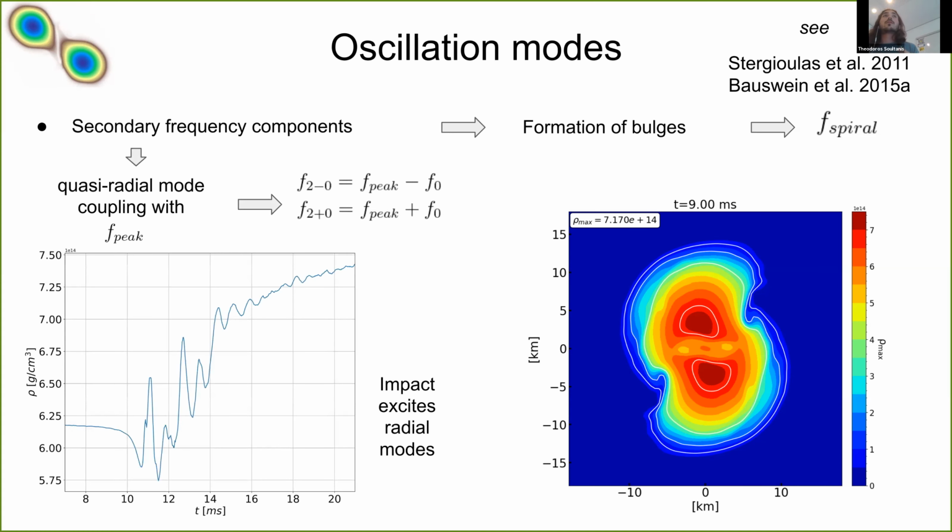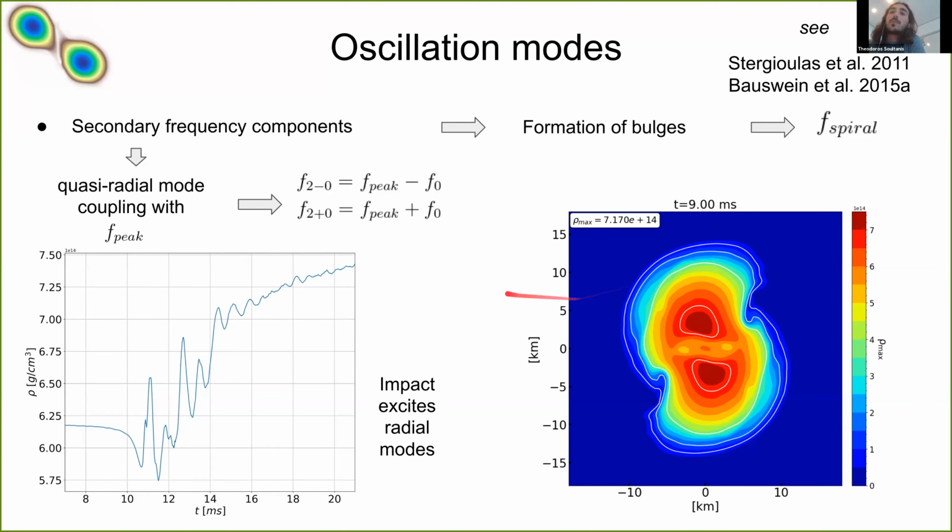Another secondary component is related to the fact that the remnant also oscillates radially. This is because when the two stars collide, this impact excites a radial oscillation. Here on the left, I show the maximum density of the system as a function of time.